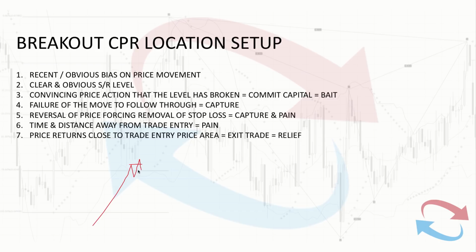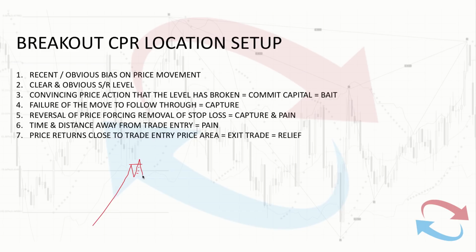Breakout traders will put their stop losses below the level of potential resistance, which is supposed to turn into support if it breaks above, and they'll place their stop losses at various levels around here. And as price starts going against them, they'll move, if they use stop losses, or remove their stop losses, as price goes against them.